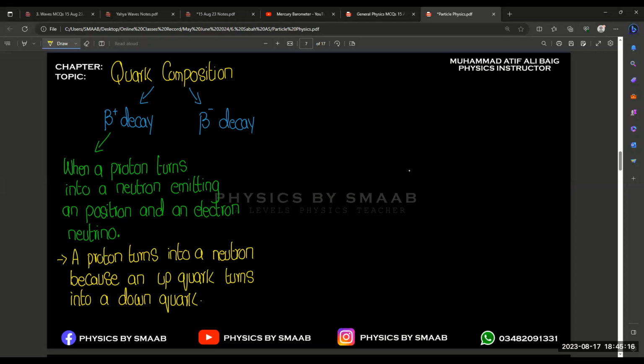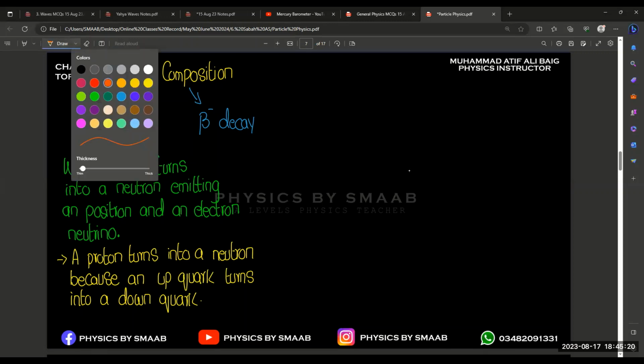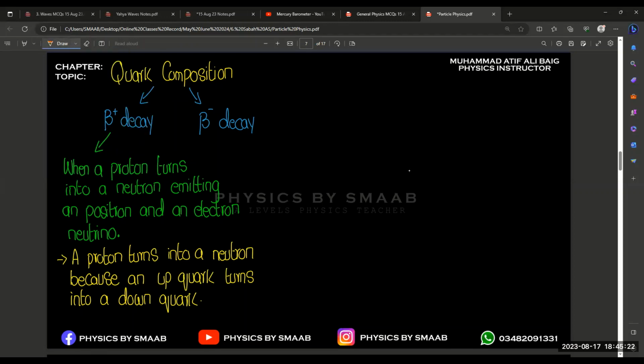So the equation will be: the proton converts into a neutron, plus we get a positron.